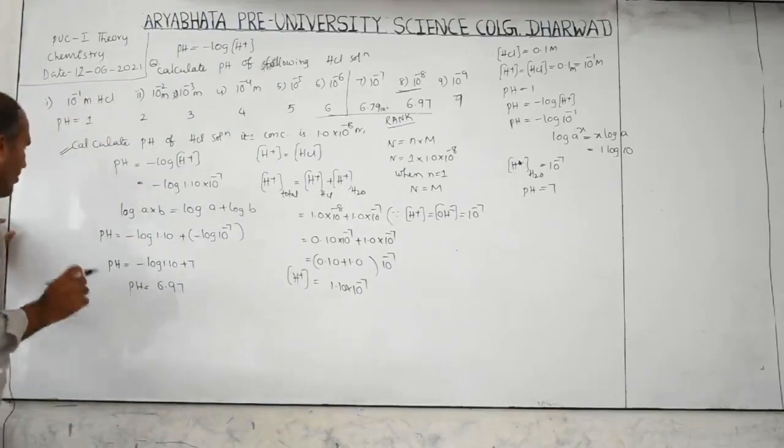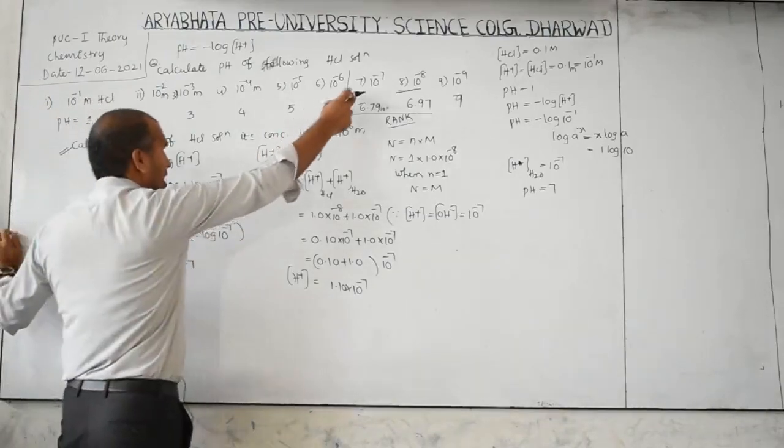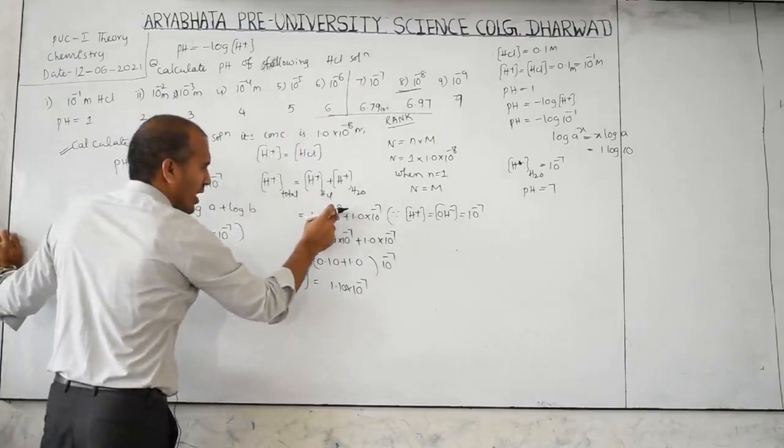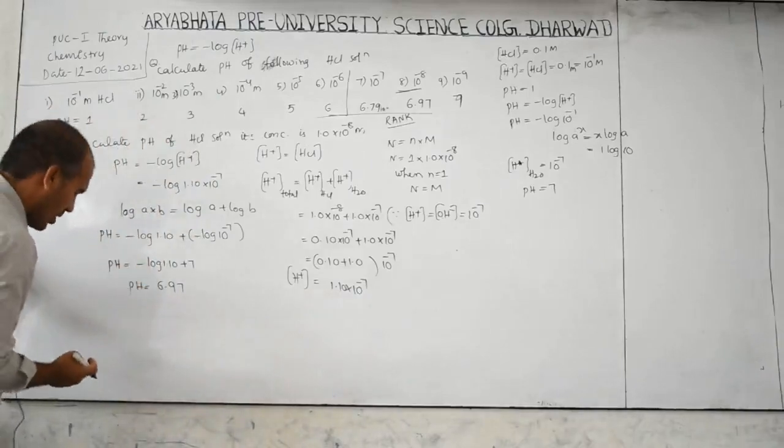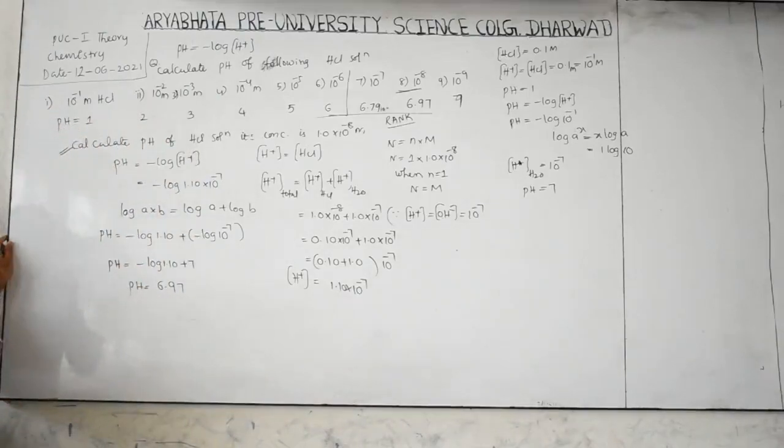Next, the same thing you can calculate like this: 10 power minus 7, 10 power minus 7. Then based on that we can calculate. Now one more problem.